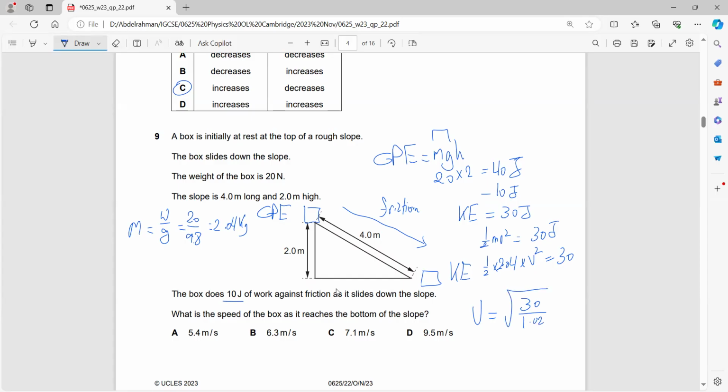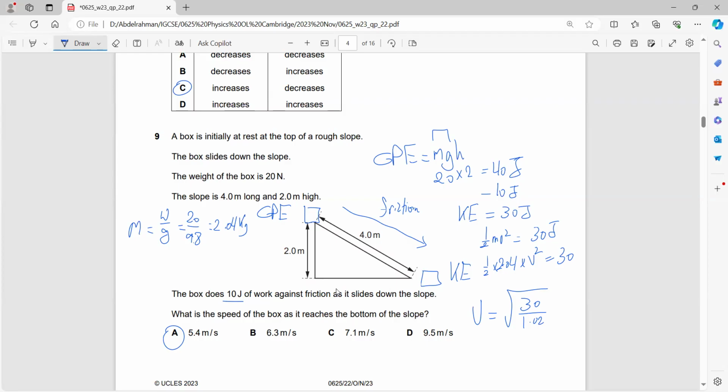The square root of 30 divided by 1.02 would be around 5.4, probably 5.5.